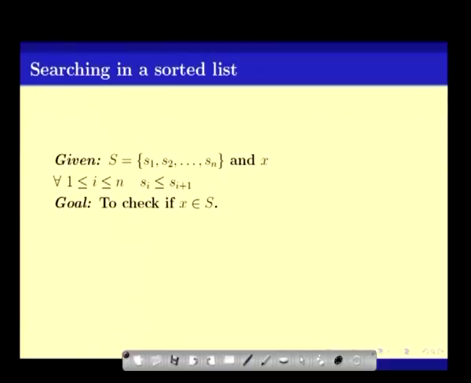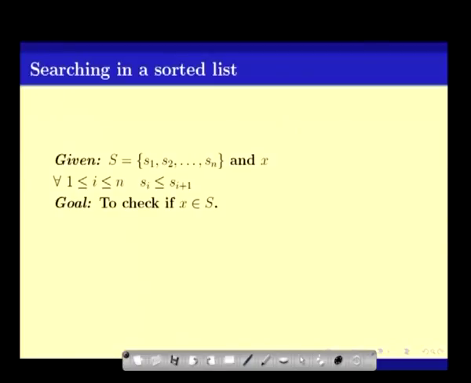Now, this is a typical example of a very well structured set. We have a set S which has n elements S1 to Sn, and this S1 to Sn is given in a way that it is sorted.